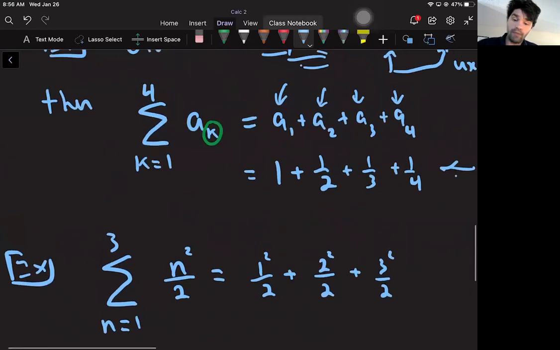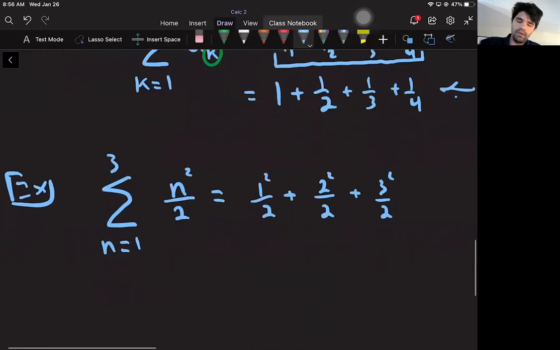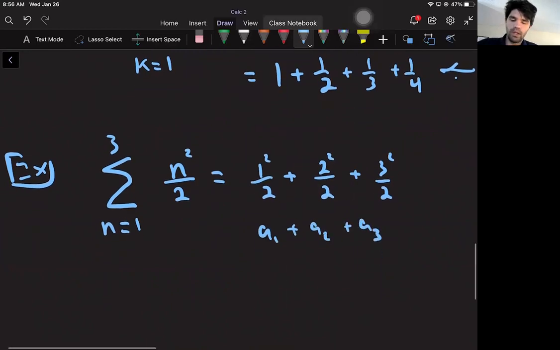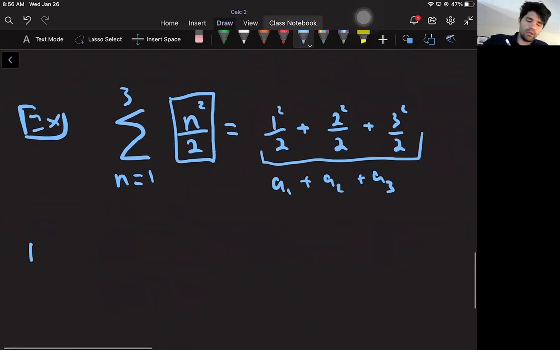So notice I don't have to write out the fact that this is going to be like A1 through A3, but it really is again. But I can just directly plug in the numbers 1 through 3 into the little formula here and write it out very quickly.